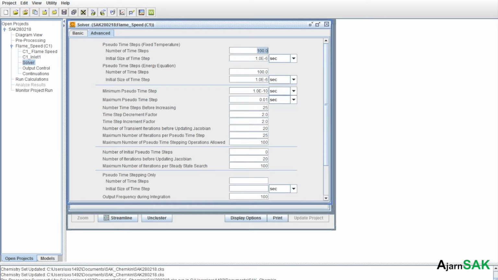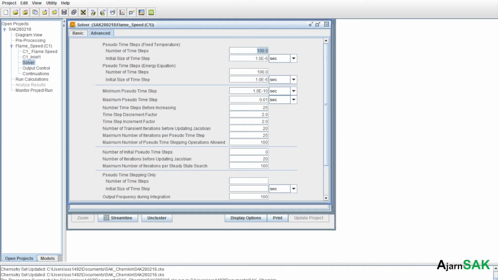Here it's very important. It says the number of time steps and the initial size of time step. This is very important in the sense that sometimes you fix your problem, you give all the conditions, temperature, pressure, everything, but you start to run and it fails just immediately.